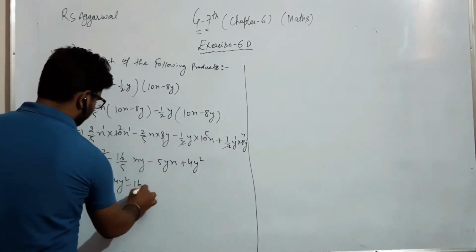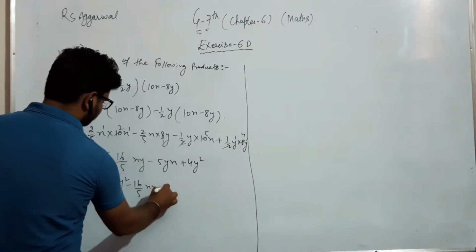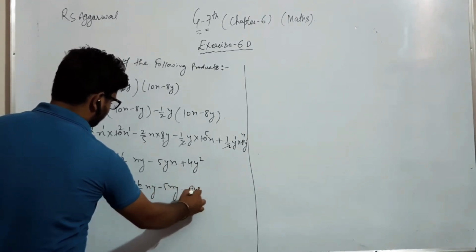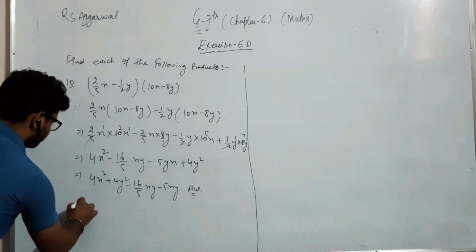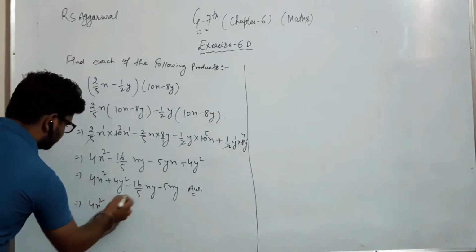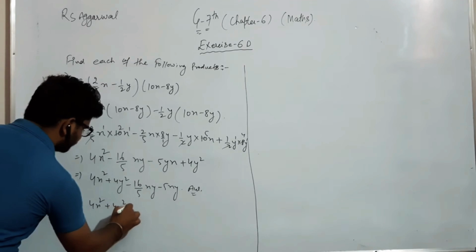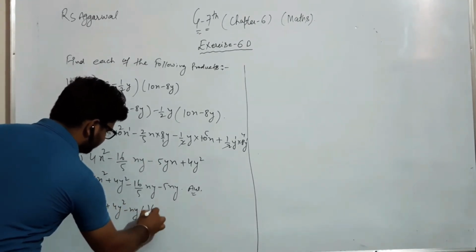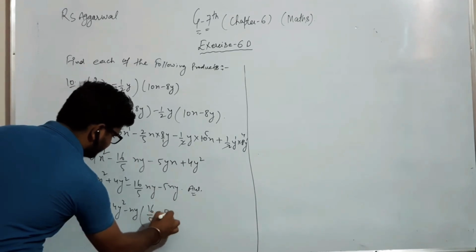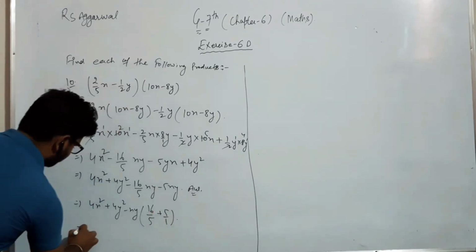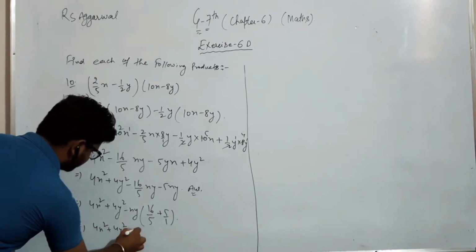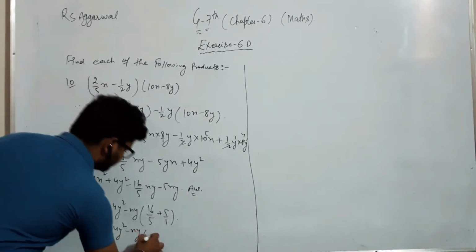So minus 16 by 5 xy minus 5 by 1 xy. Okay, so to add these two terms, we take the LCM. Plus 4y square, so this negative sign is common, then xy is also common. Then what is left is 16 by 5 plus 5 by 1. So the answer will be 4x square plus 4y square minus xy, then we take the LCM which is 5.